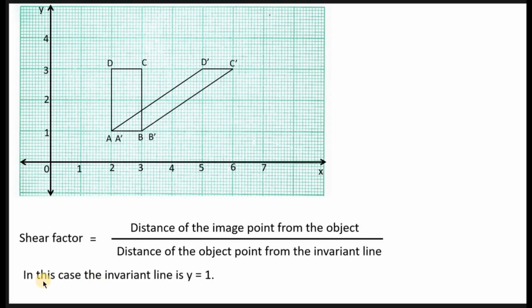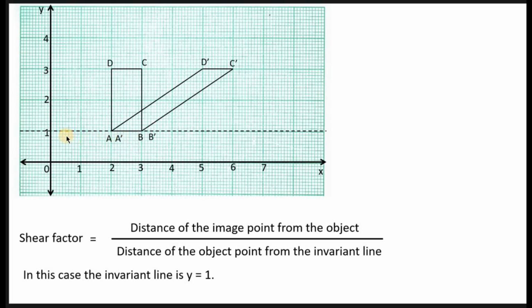In this case the invariant line is y is equal to 1. The line to which this one moves parallel is this line here, upon which these remain fixed, and this again moves parallel to it. It is very important to understand what the invariant line is.